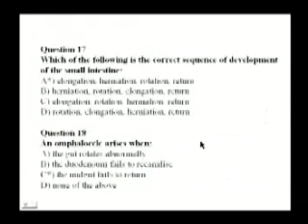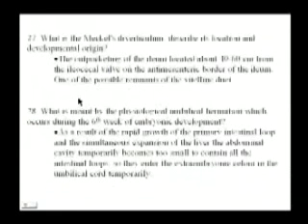So which of the following is the correct sequence of development of the small intestine? And we see it is the first one here: elongation, herniation, rotation, and return. And an omphalocele arises when the midgut fails to return, so that original physiological herniation persists. What is the Meckel's diverticulum?